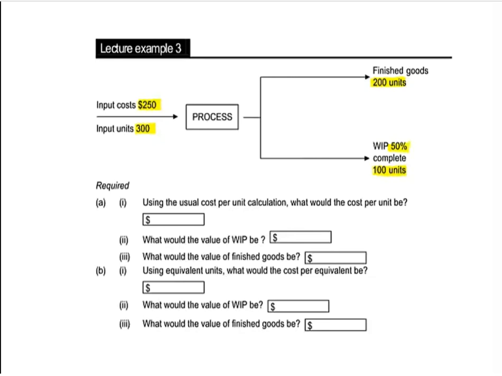If we use our usual cost per unit calculation in part A, we're looking at what the cost per unit would be. So remember, we're looking at the input costs divided by the number of units. So 250 divided by 300 is 0.83 per unit.